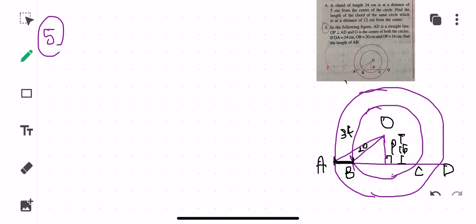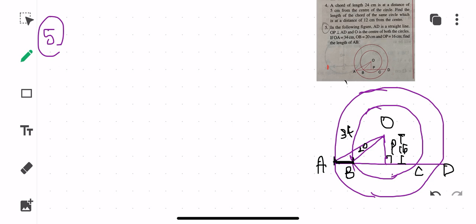For this, we won't be using any theorem, children. We'll basically be using the Pythagoras theorem. So by Pythagoras theorem, what will you write?